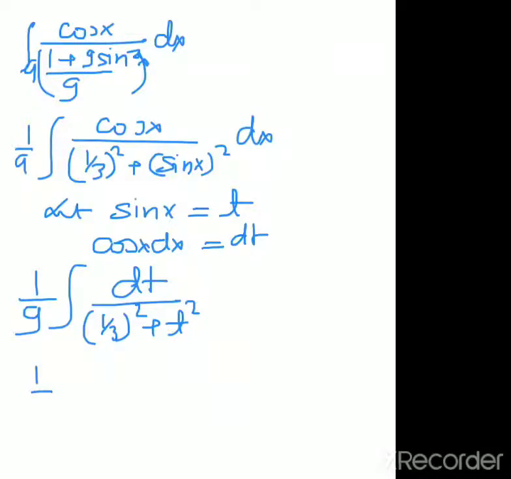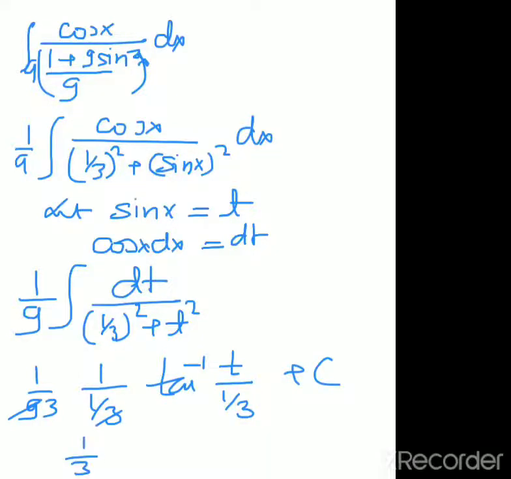So it will be 1 upon a tan inverse x upon a. 1 upon a means 1 by 3. Tan inverse x means t upon a, that is 1 by 3 plus c. 1 by 3 tan inverse 3 times t. t is what? sin x plus c. So this is the answer.